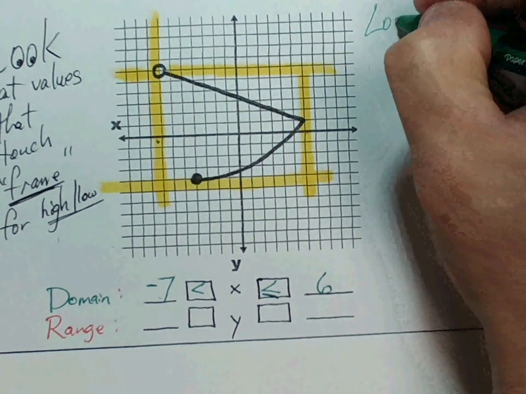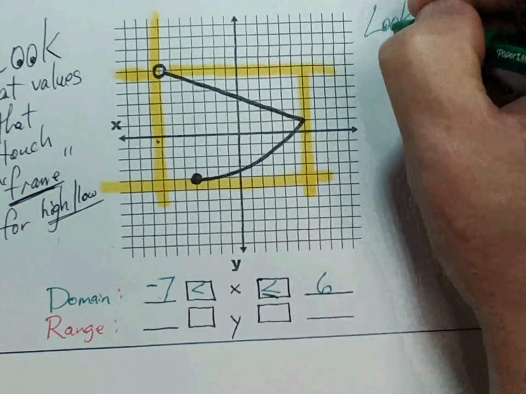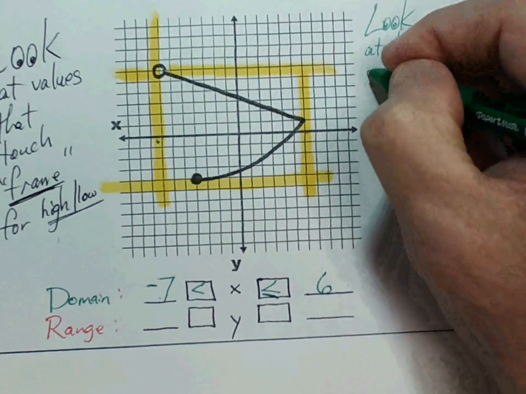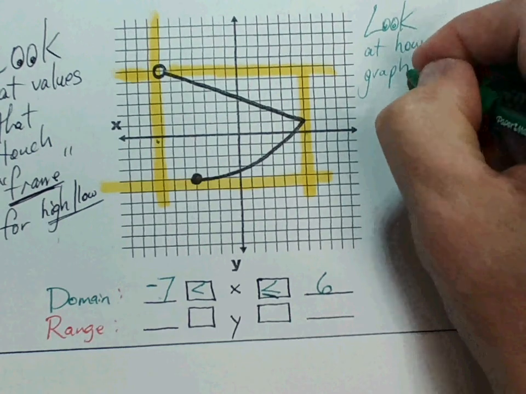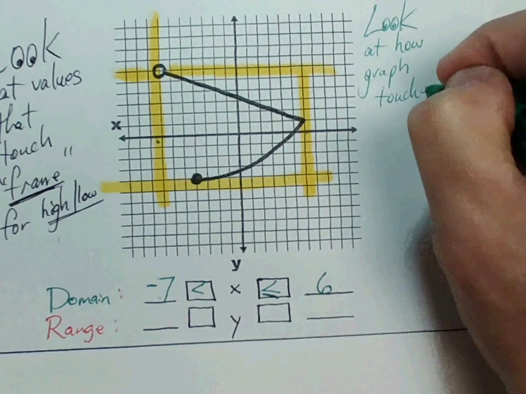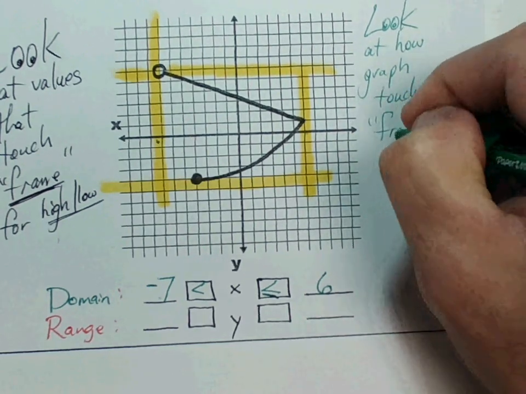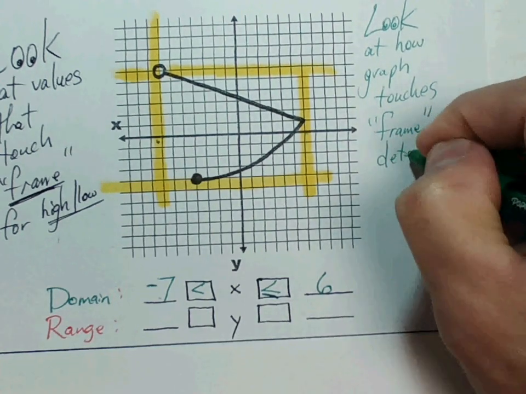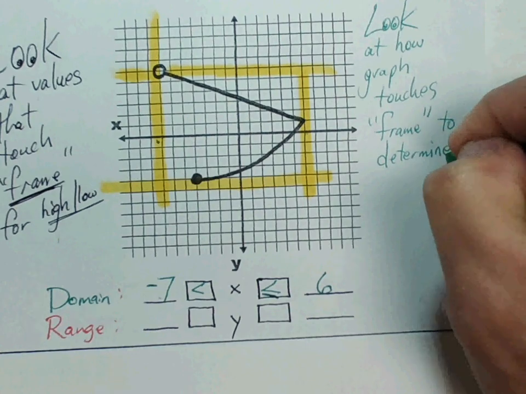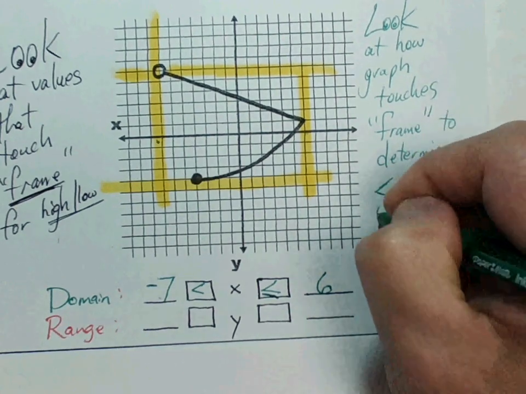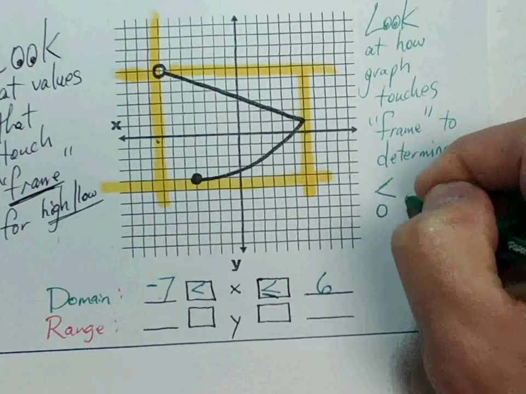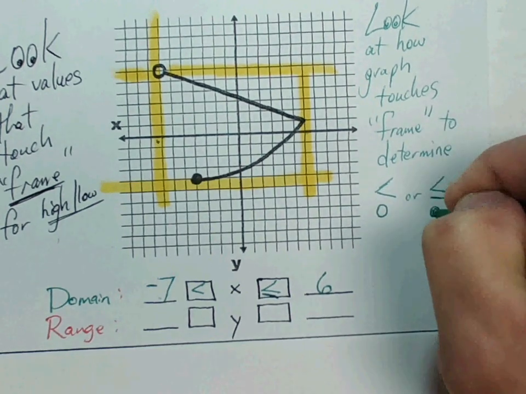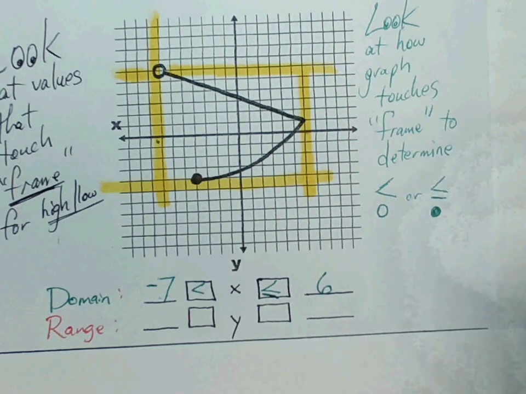So what did we do for the symbols? We're going to look at how the graph touches the frame to determine whether we're going to use an open dot or a less than symbol, or whether we're going to use a less than or equal to symbol.